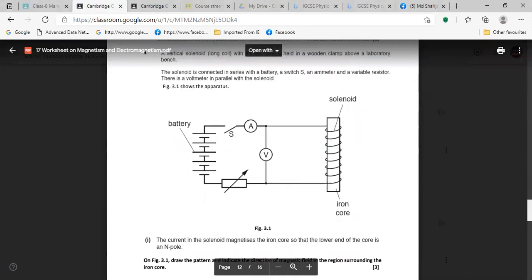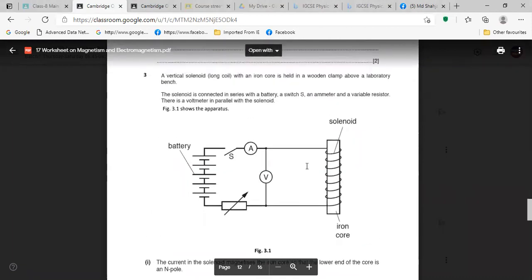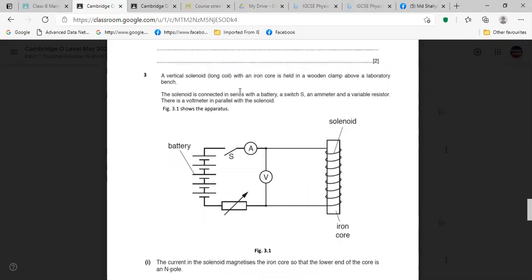Are you tired? Okay, Adrita, you read 3. A vertical solenoid, a long coil with an iron core, is held in a wooden clamp above a laboratory bench.